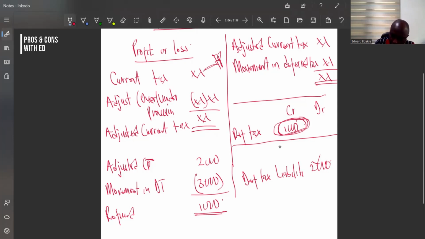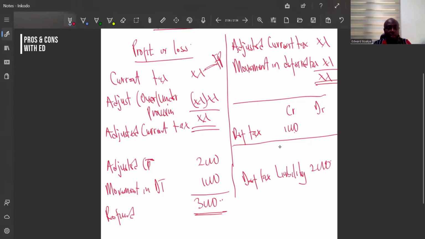But the other way around, when it was a 2,000 liability, it means that the movement is a liability of 1,000. The movement is a liability. 1,000 has come to add up to the 1,000 that we had, and it is now 2,000. So in that case, the movement would have been a liability of 1,000, making the whole payment 3,000.